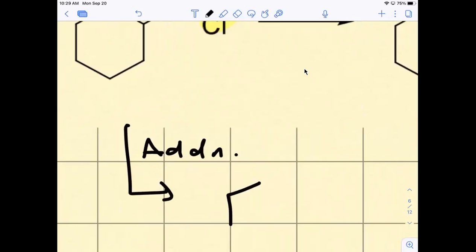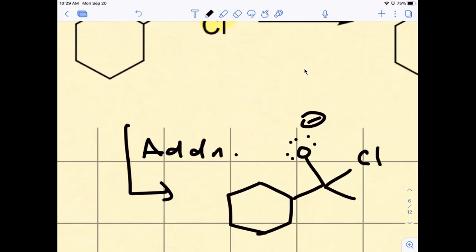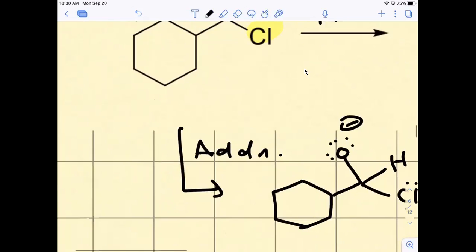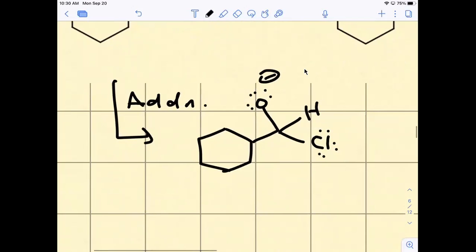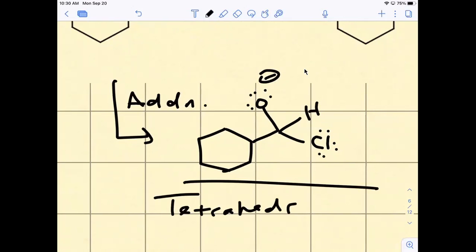So I'm going to come up with this, in which I'll introduce you to another concept. So when I add to a carbonyl like that, I always get this type of intermediate. It's called a tetrahedral intermediate.